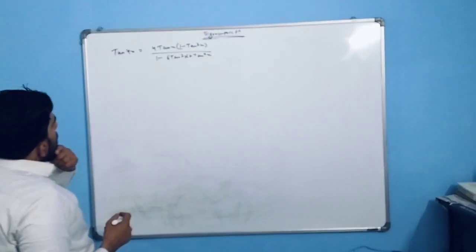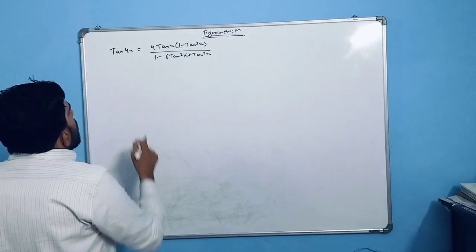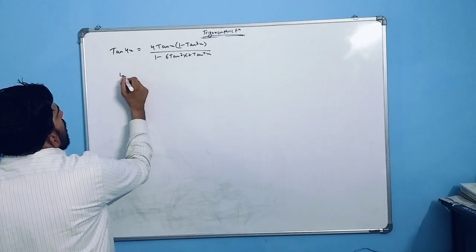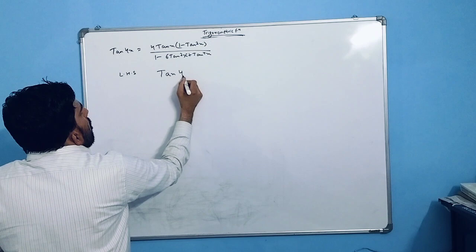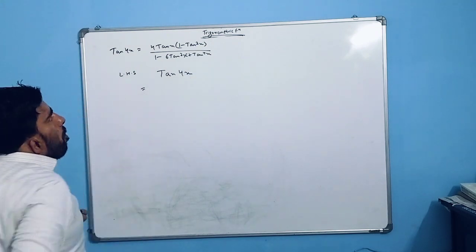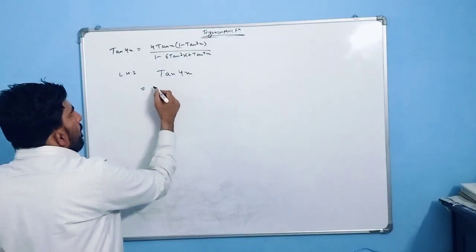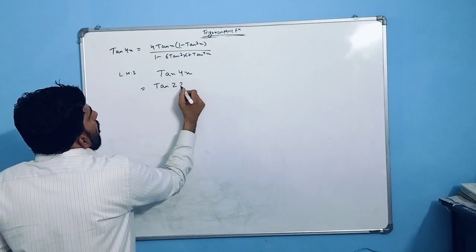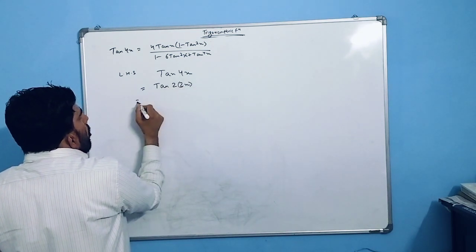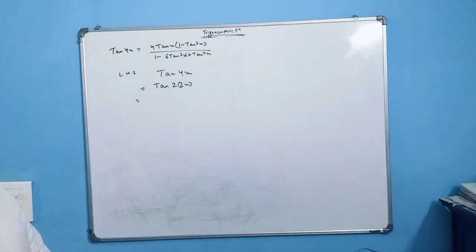Now we need to sort out the LHS first. LHS is given, tan 4x. Now we will use the formula for that. We can write tan 2 into 2x. What is the formula for tan 2x?